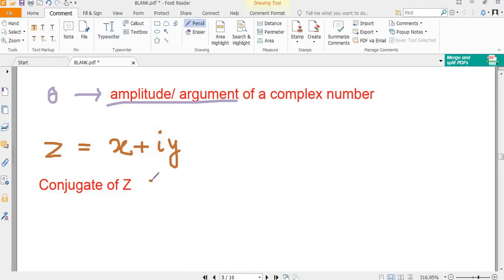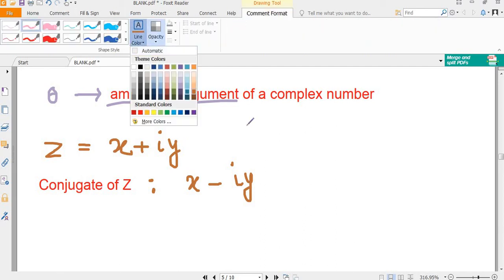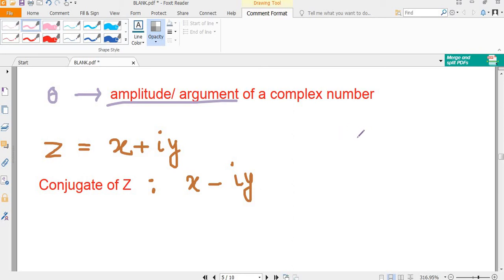The conjugate of z is very easy. We write the real part as it is, and we reverse the sign of the imaginary part. So we write x minus iy. This is the conjugate of z. Again, consider another complex number, x minus iy.